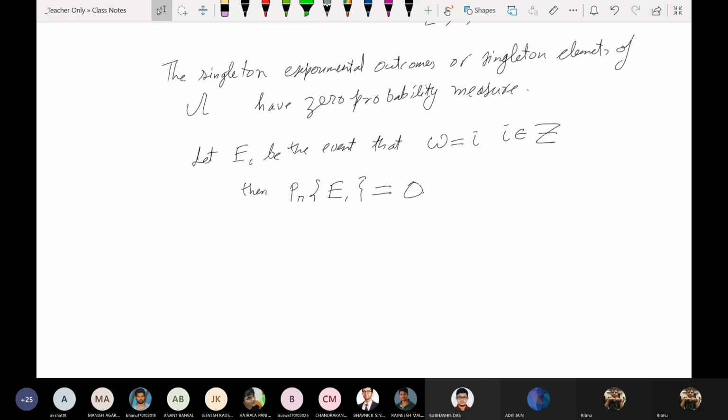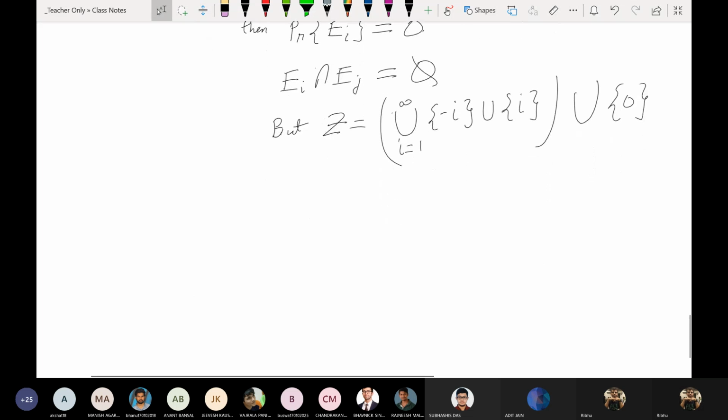I am just saying that even if you have a countable union of singleton events, so the integers are a countable union of singleton events, the probability that omega is an integer is still 0.